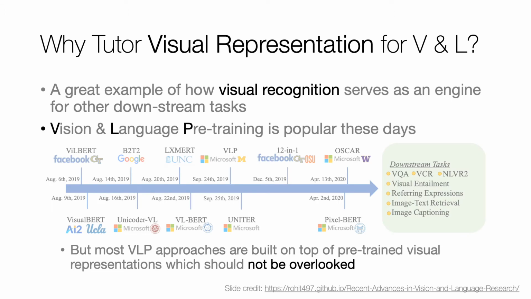And second, following the breakthrough in NLP, these days vision and language pre-training is very popular, where a BERT-like model will be first pre-trained on some large-scale vision and language paired data, and then the pre-trained representation is shown to be useful for specific vision and language tasks like VQA or visual commonsense reasoning.